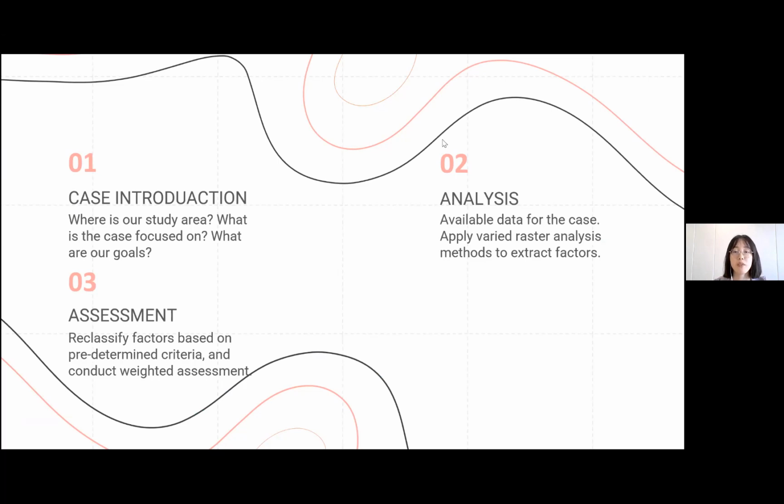Then in the second part, we will look at the data we collected for this case. All of them are stored in a SuperMap data source, and you can find the data source in the materials we just shared with you. Today we're going to use both raster and vector data sets.